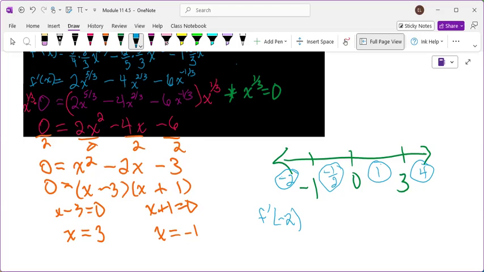So 2 times negative 2 raised to the 5/3, close, minus 4 times negative 2 raised to the 2/3, close, minus 6 times negative 2 raised to the negative 1/3 power.